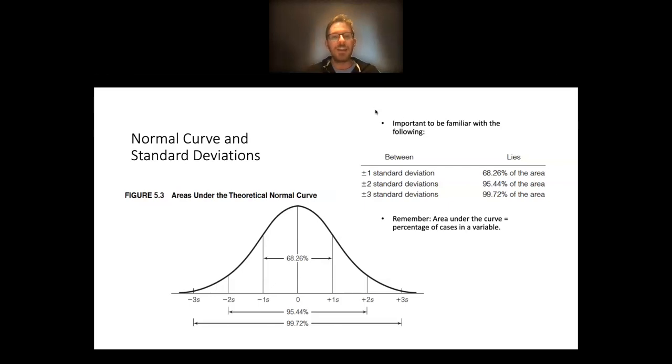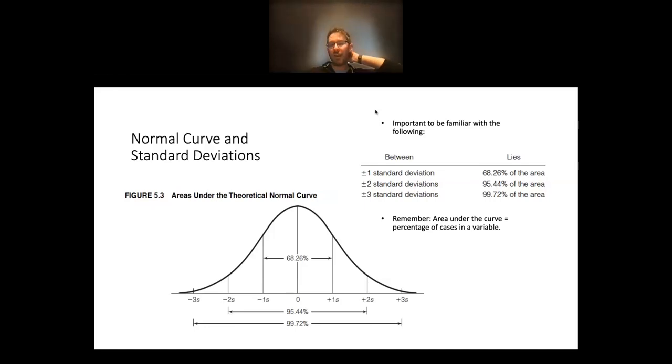It's saying that 68% of a data set or of a variable's cases will land between one standard deviation above and one standard deviation below the mean. 95% of the cases in a variable will land between two standard deviations above and two standard deviations below the mean. And then 99.7% of the cases will land between three standard deviations above and three standard deviations below.